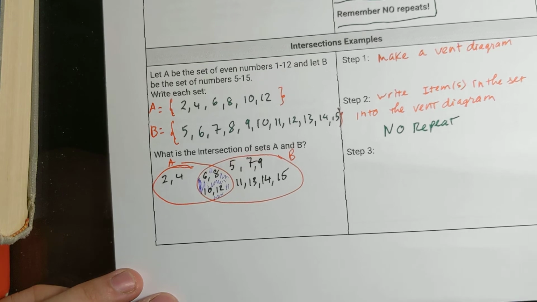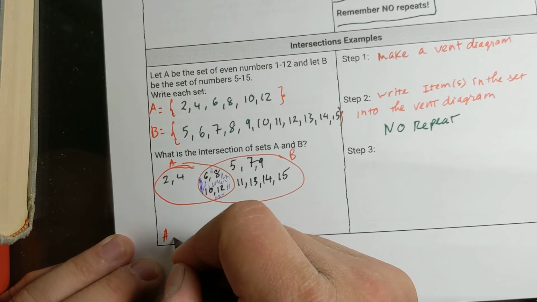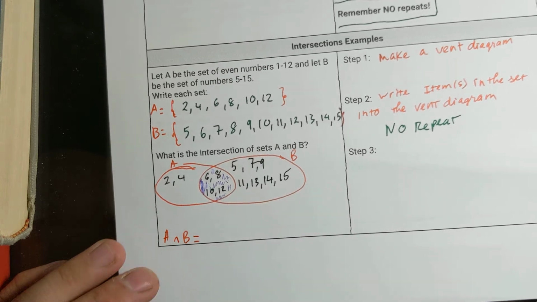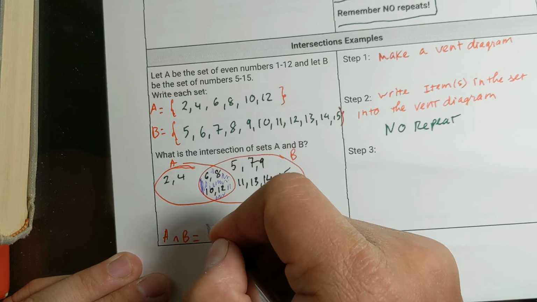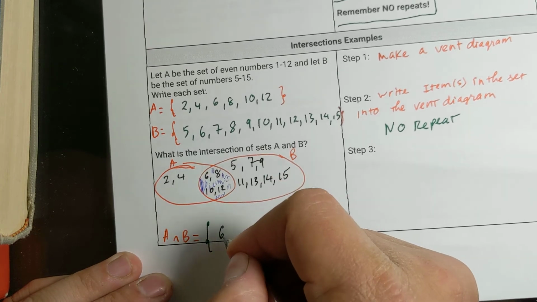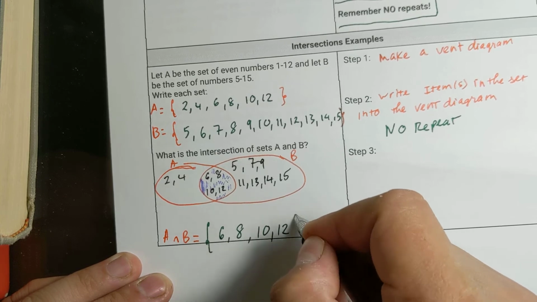So now I'm going to write down my answer here. A intersect with B. And this particular set here should be 6, 8, 10, 12.